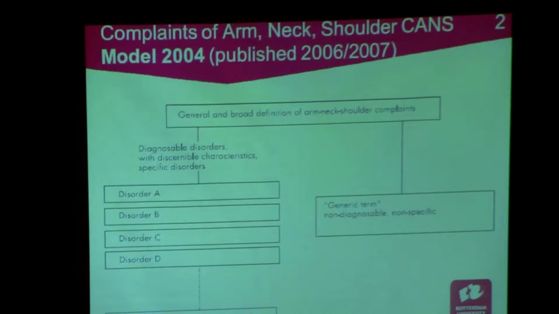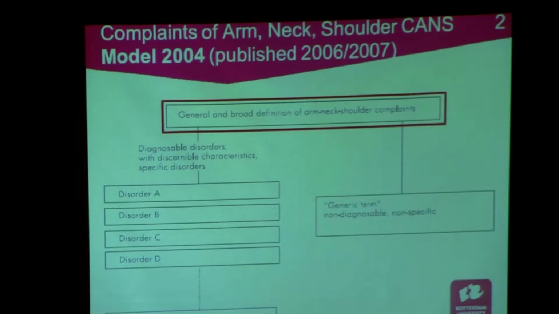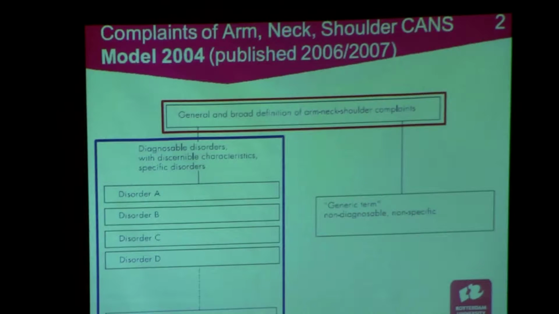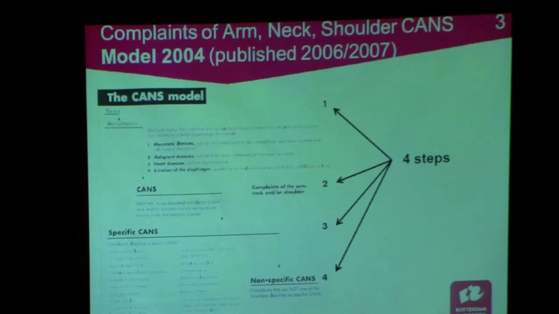And under this definition, well diagnosable disorders that are called here the specific disorders are distinguished from disorders that are non-specific by nature. And this model is now well implemented among medical and paramedical professionals in the Netherlands. And I will show you the model in the next slides.